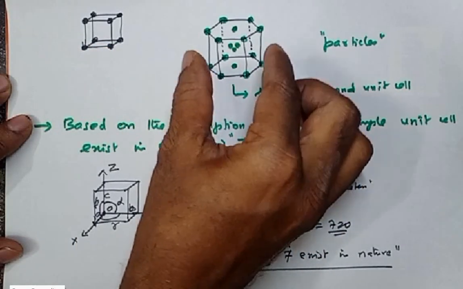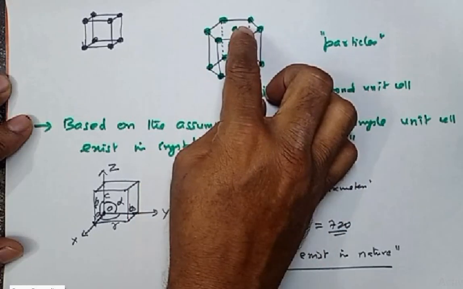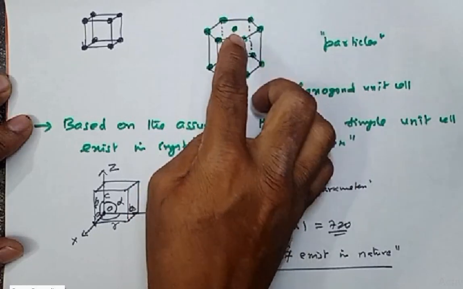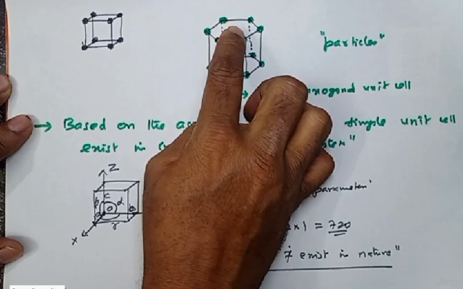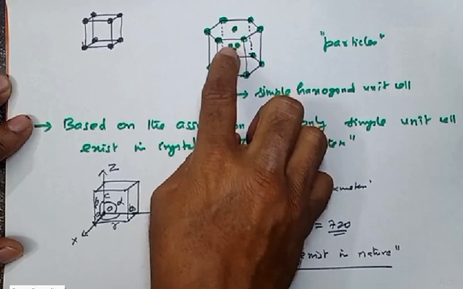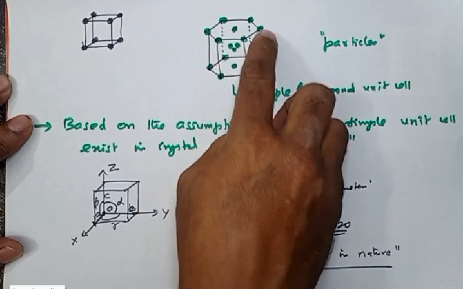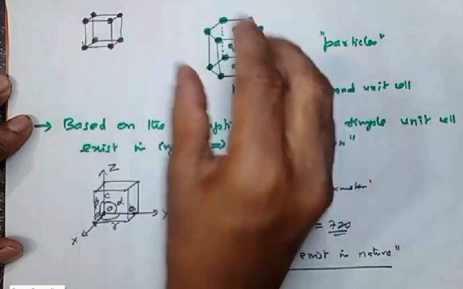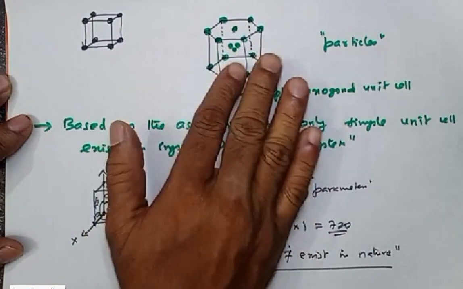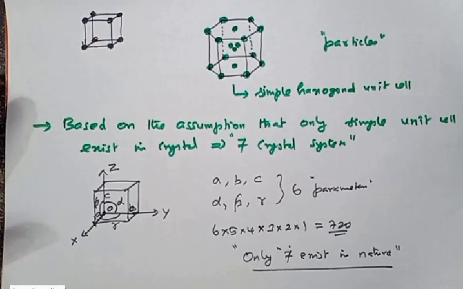The hexagonal unit cell consists of corners occupied, and apart from corners, the top center and the base center are occupied, and 3 particles are present at the middle of the hexagon. And this unit cell is called a simple hexagonal unit cell. This itself is called simple. This is actually an exception from cubic. Right? Note down. It's very important.